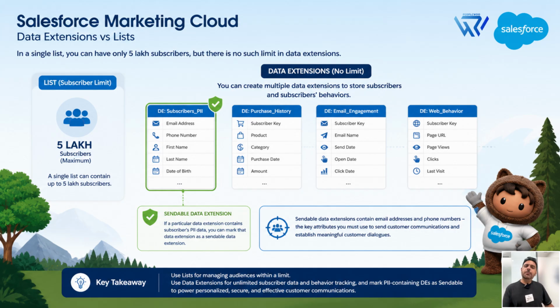You can create multiple data extensions to store subscribers and subscriber behaviors. If a particular data extension contains subscriber PI data, you can mark that data extension as a sendable data extension, because it contains email addresses and phone numbers, which are the key attributes you use to send customer communications and establish customer dialogues.